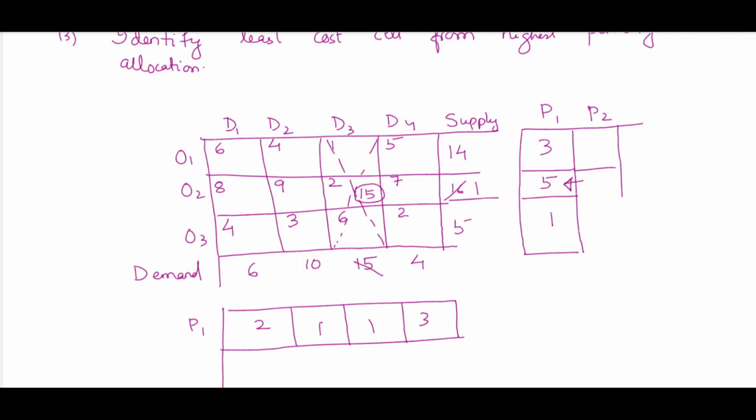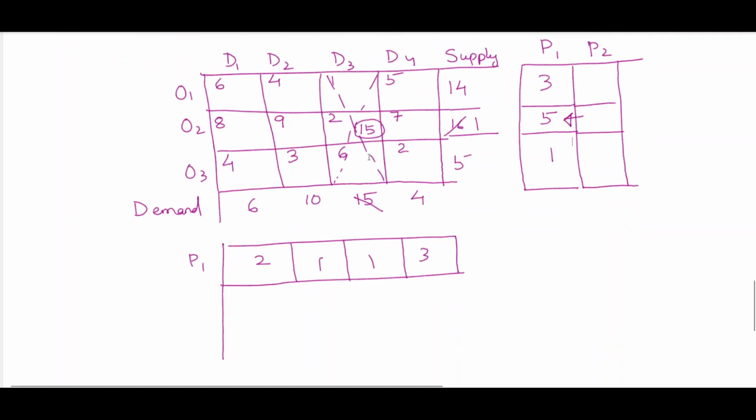Next the same rule follows and we compute penalty 2. Row-wise, the smallest is 4 and next smallest is 5, so the difference is 1.